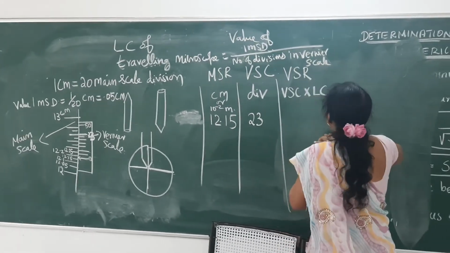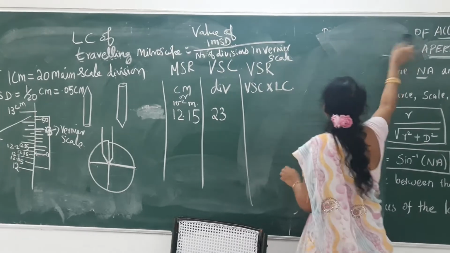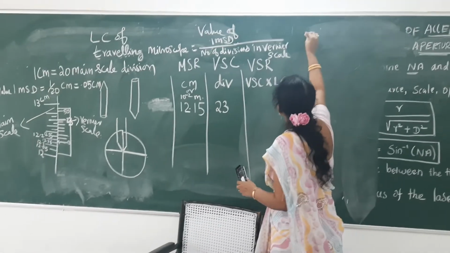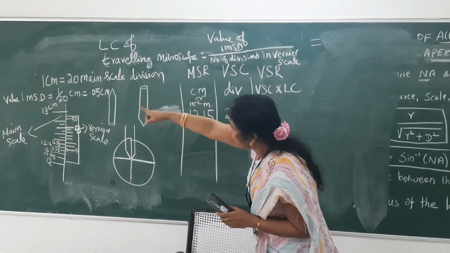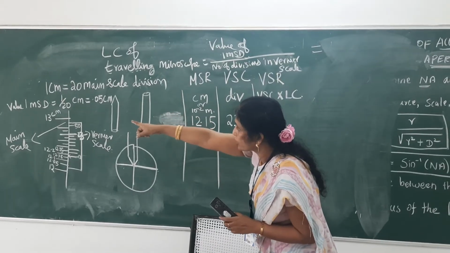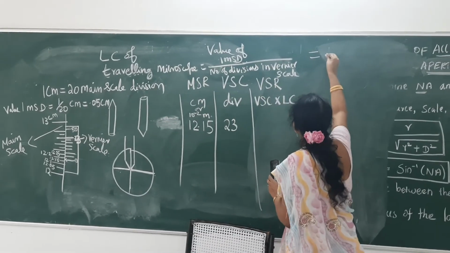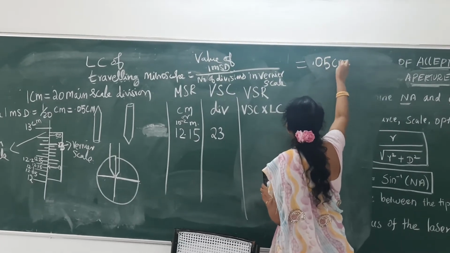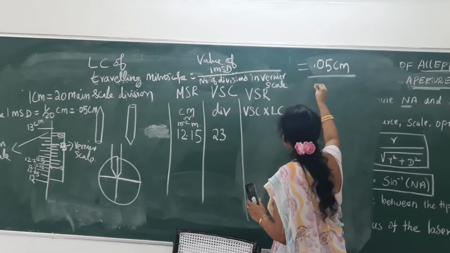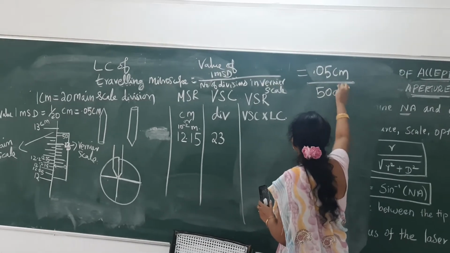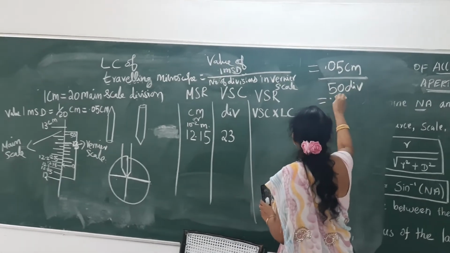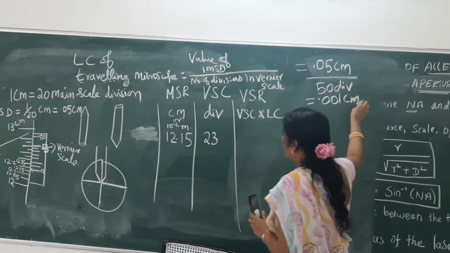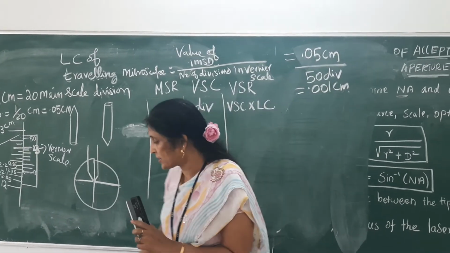So what is the value of one main scale division? Each 1 centimeter is divided into 20 main scale divisions. So the value of one main scale division is 1 by 20 centimeter, that is 0.05 centimeter, divided by the number of divisions in the Vernier scale, 50 divisions. I have told you. So 0.001 centimeter.